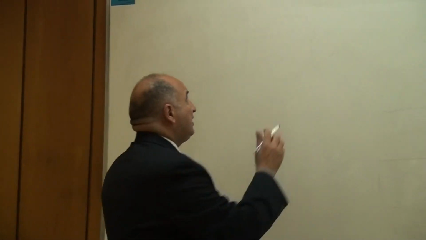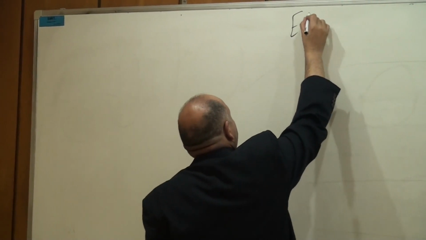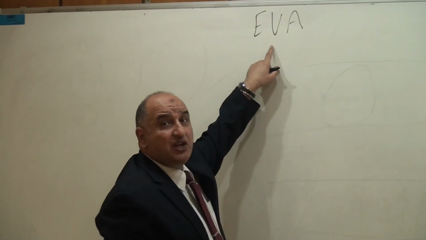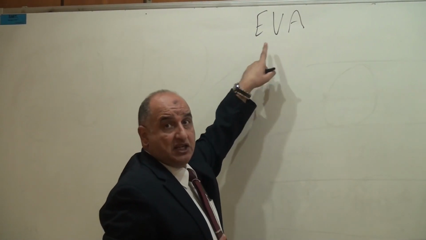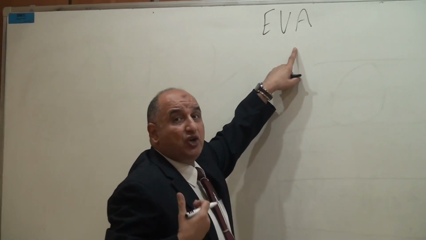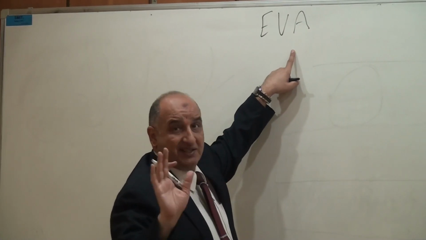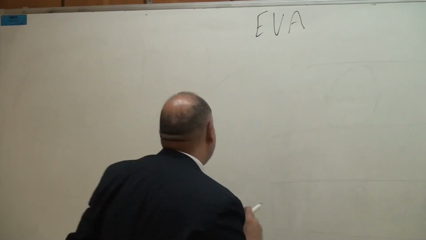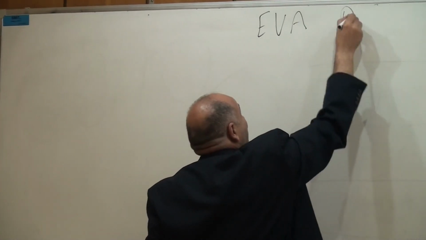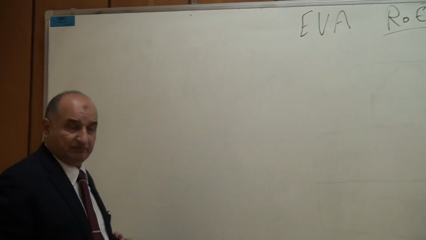We can call it EVA, economic value added. Economic value added. This one, in my opinion, is the most important equation. You will never find it somewhere else. So please concentrate highly. Now we are going to recalculate the ROE using EVA.